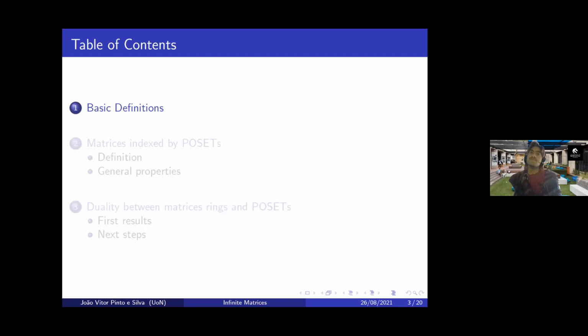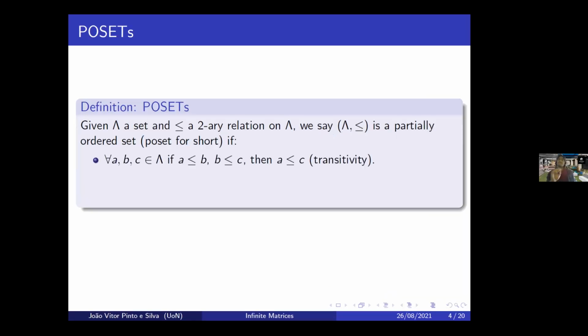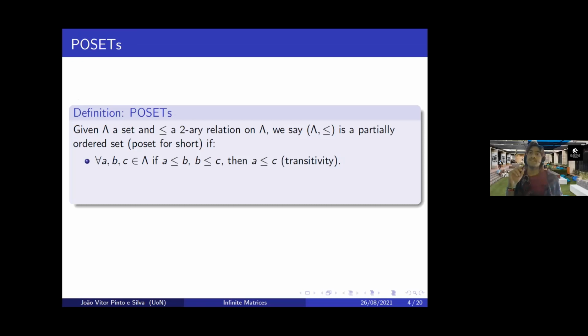So first of all, for the basic definitions, I think everyone knows what a partially ordered set is, but just to be sure that everyone remembers the definition. I will call lambda a partially ordered set if there is a binary relation between two elements of lambda such that three properties are satisfied. For all a, b, and c, a is less or equal to b and b is less or equal to c implies a is less or equal to c, which is transitivity.